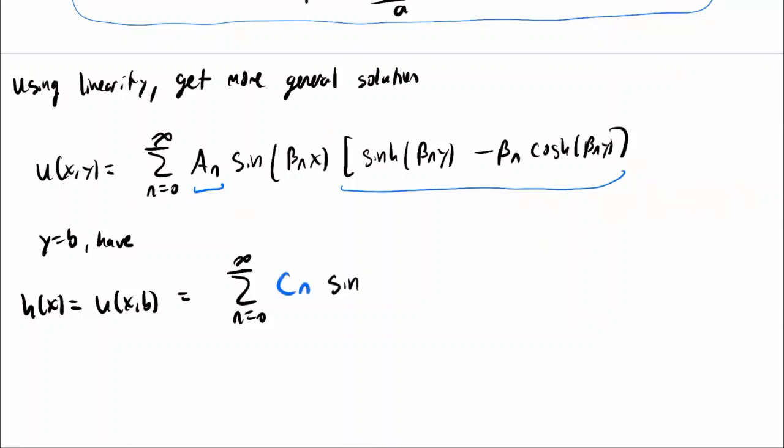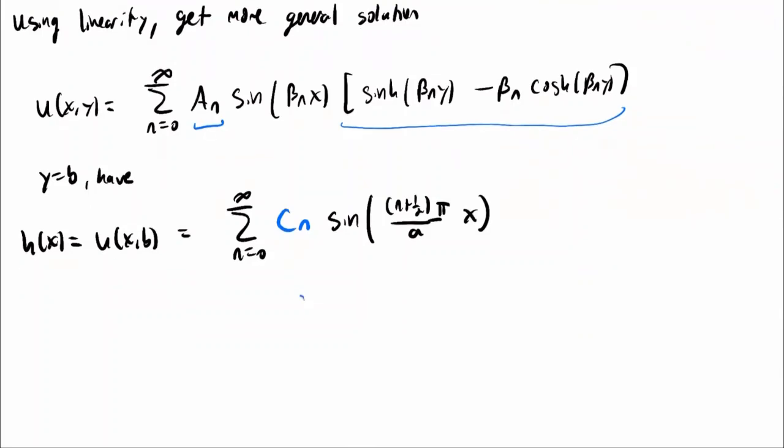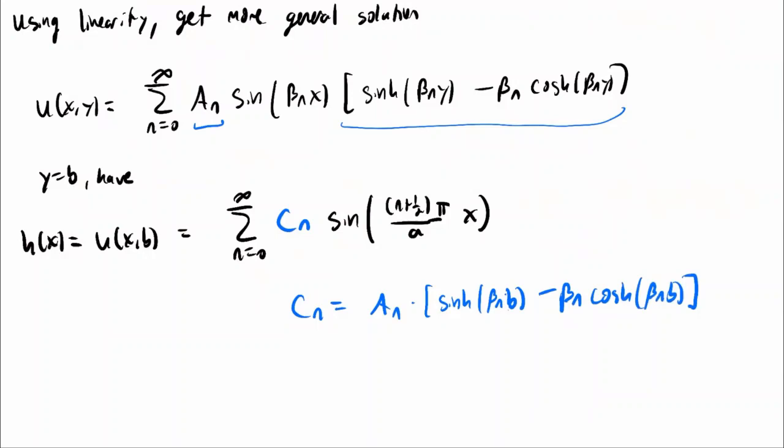And then I get sine of (n plus 1/2) divided by a times pi x, where c_n is given by a_n times the remaining terms, times hyperbolic sine beta_n b, minus beta_n hyperbolic cosine of beta_n b.